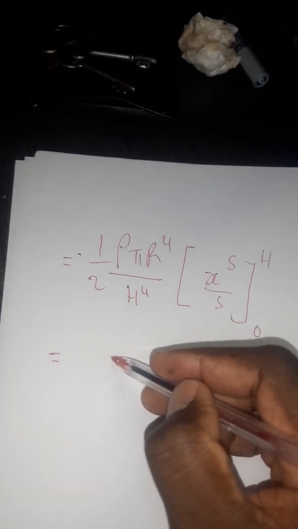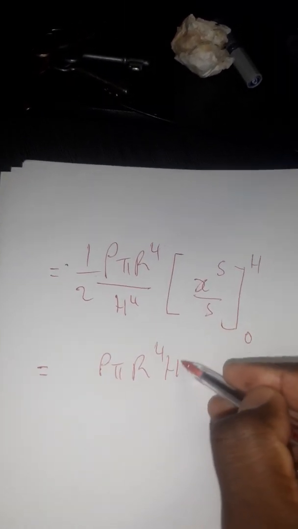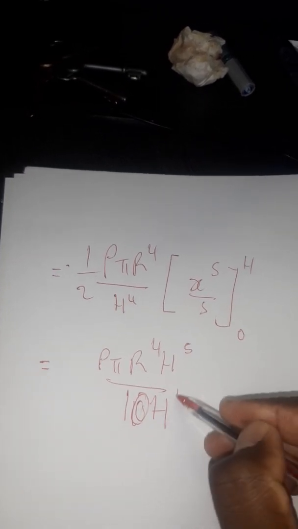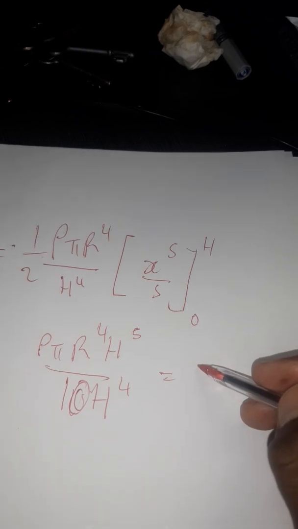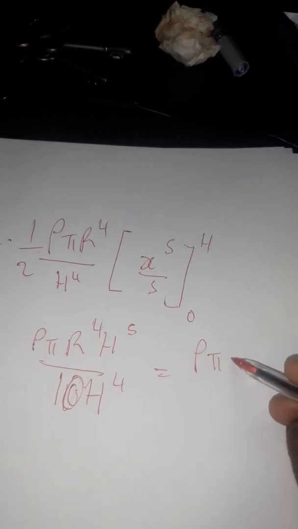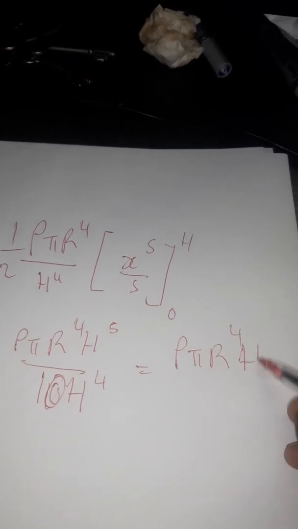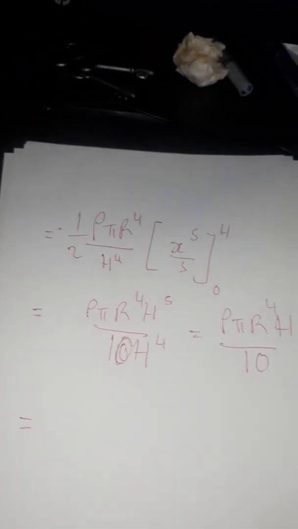Now we substitute the limits, and the whole thing becomes rho pi r to the power 4 h to the power 5 over 10 h to the power 4. h can simplify. We now have rho pi r to the power 4 h over 10.